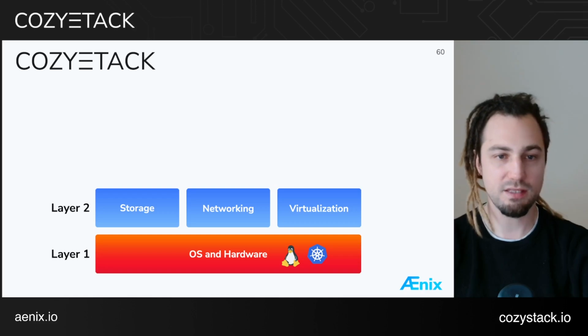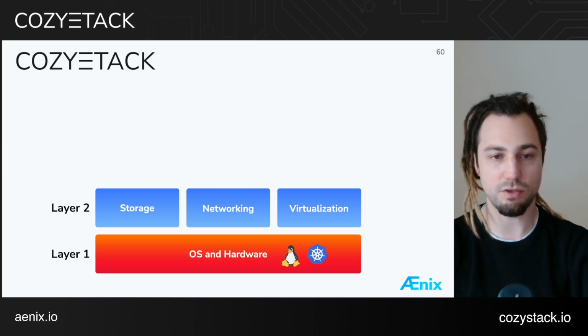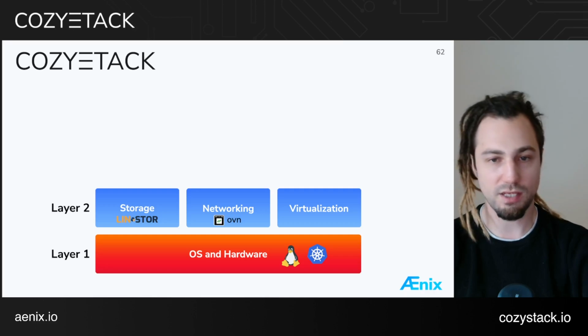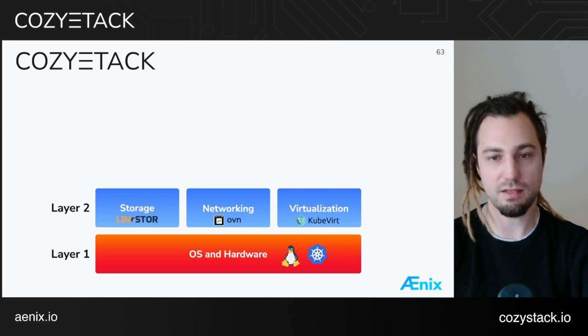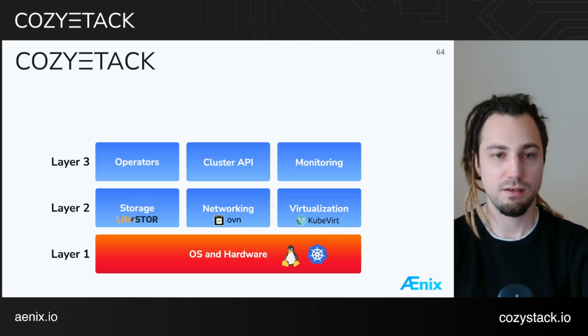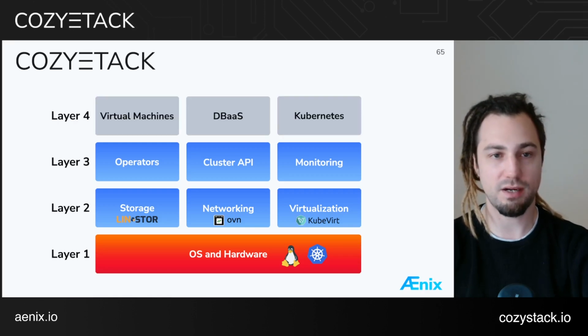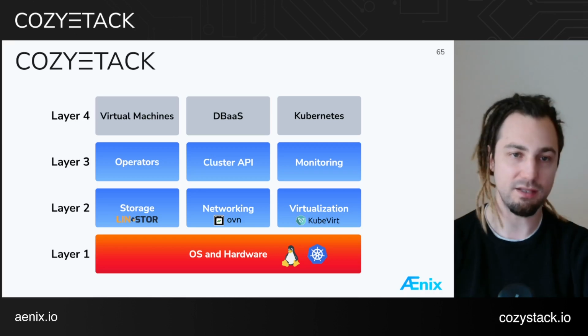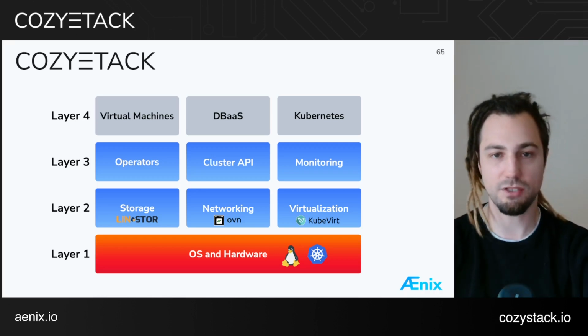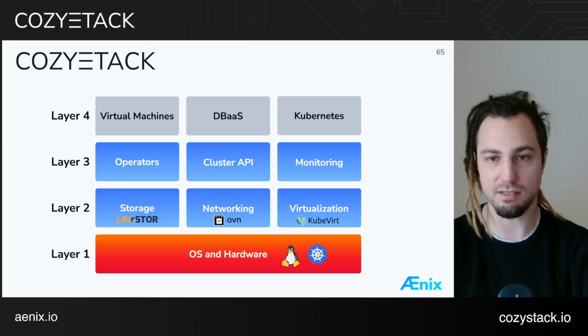The rest of the components we use are storage, for which we use LINSTOR, networking based on OVN, and virtualization based on KubeVirt. On layer 3 we have operators for provisioning our databases, Cluster API, and monitoring. Layer 4 is more of a user-facing layer. We have this amazing dashboard where you can click and install applications like virtual machines, databases, and Kubernetes.